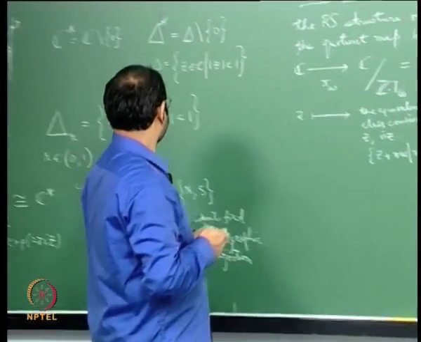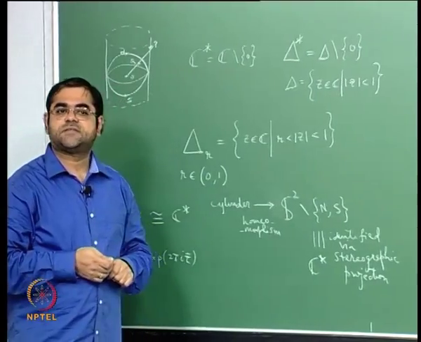So every open subset of a Riemann surface is again a Riemann surface.